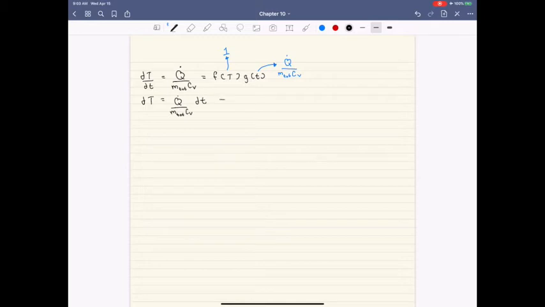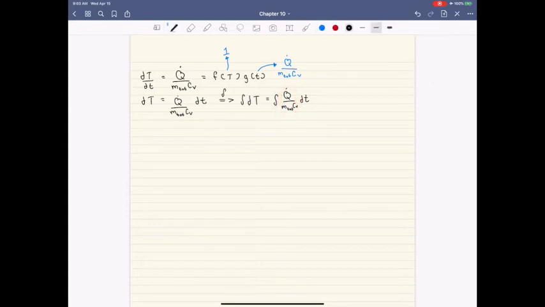Once we have that, we could then integrate. We'll integrate dT on the left hand side, and then we'll integrate the lowercase t stuff on the right hand side. This is a fairly simple integral because this term right here is just a constant.